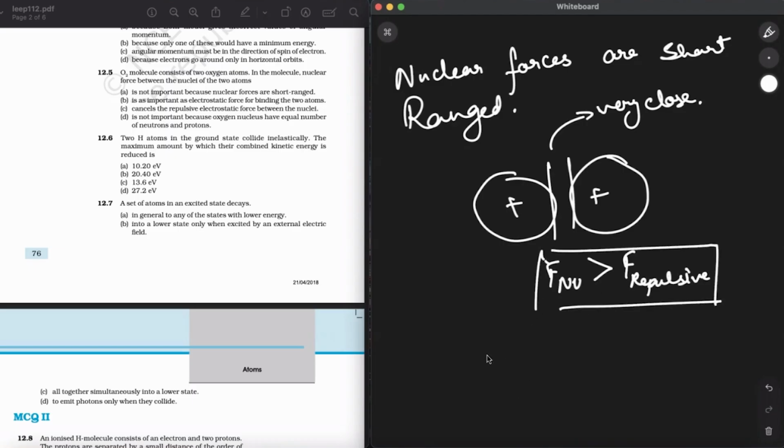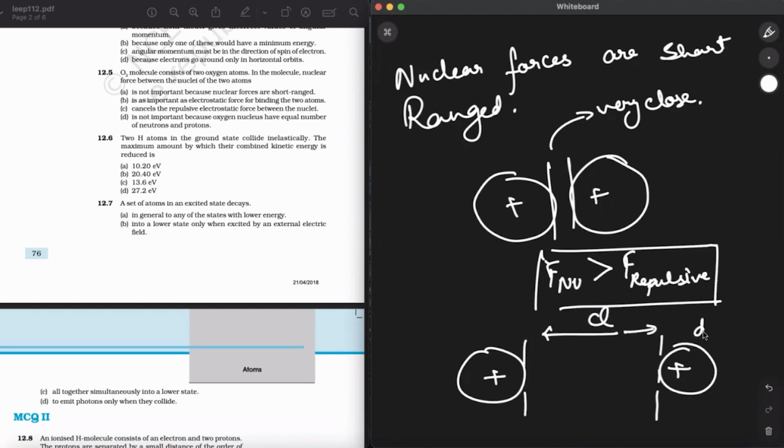But as you increase the distance between the nuclei, this distance D is large. What will happen is F nuclear will immediately start tending to 0 and there will be only F repulsion. So when there is F repulsion, what will happen? They will start to move apart at a higher pace. So this explains this question as well.